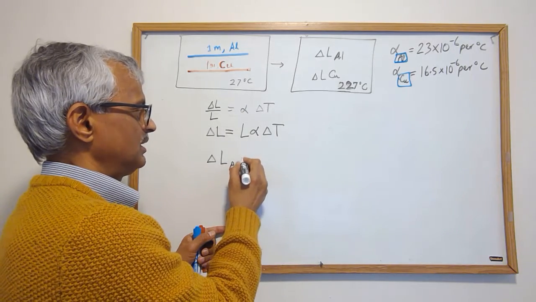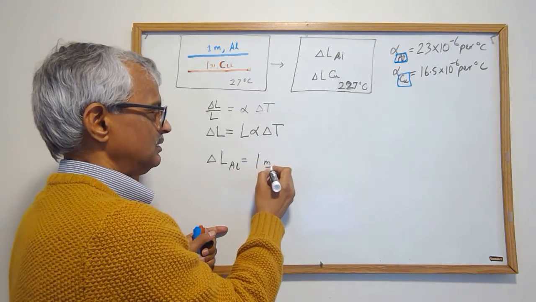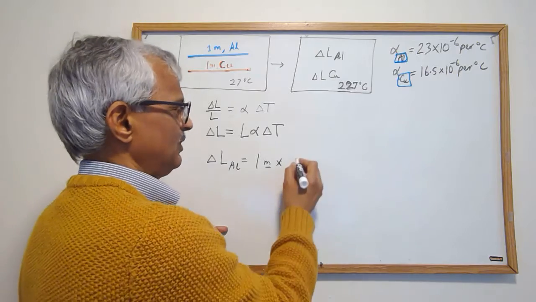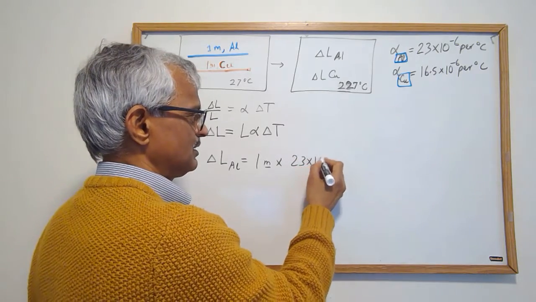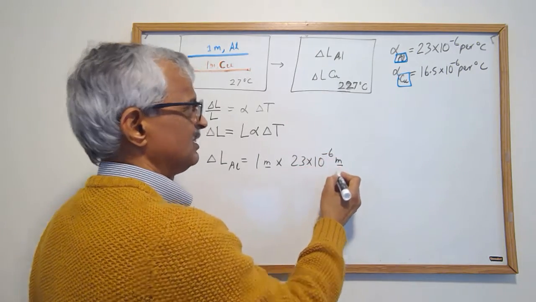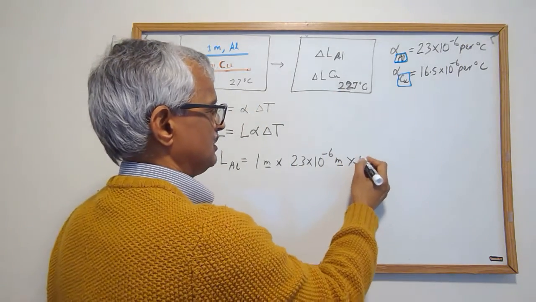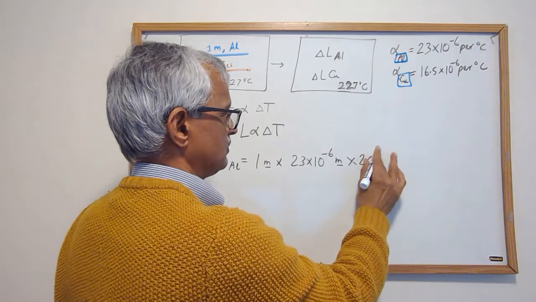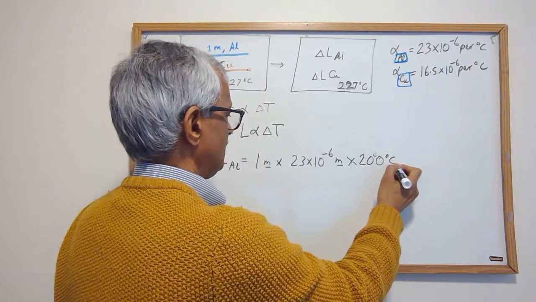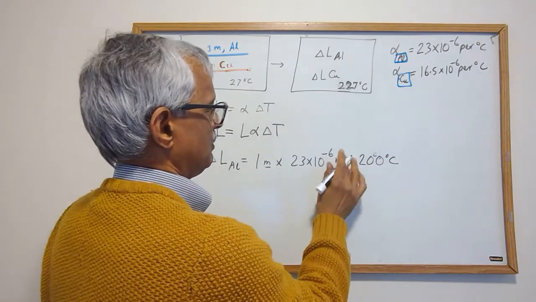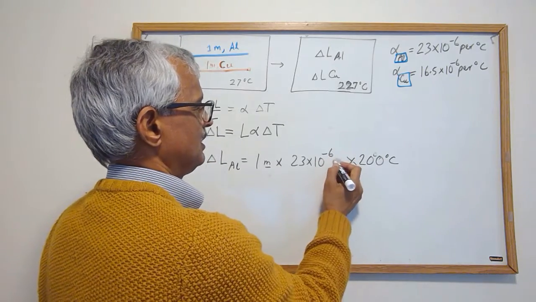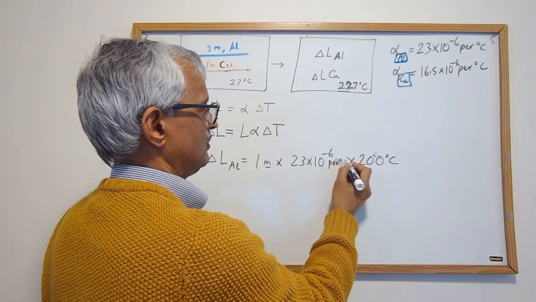For aluminum, I'm going to get 1 meter times alpha, 23 times 10 to the minus 6 per degree Celsius, times the difference in temperature, 200 degrees Celsius.